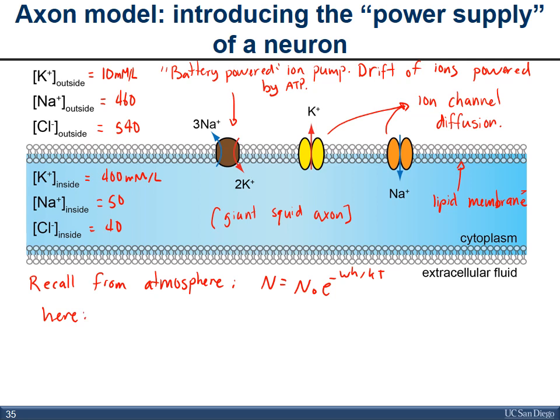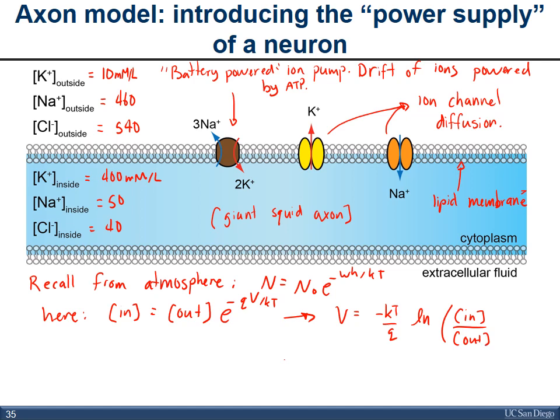Here, or in that case it was density, we're going to say the concentration inside the cell is going to be equal to the concentration outside the cell, which is going to be our reference point here, times e to the minus QV over KT. Okay, so what we can basically say is that the voltage is equal to minus KT over Q times the natural log of the concentration inside the cell over the concentration outside of the cell.